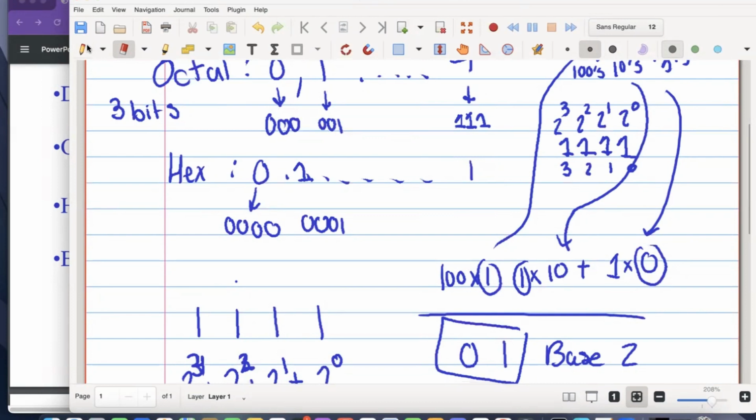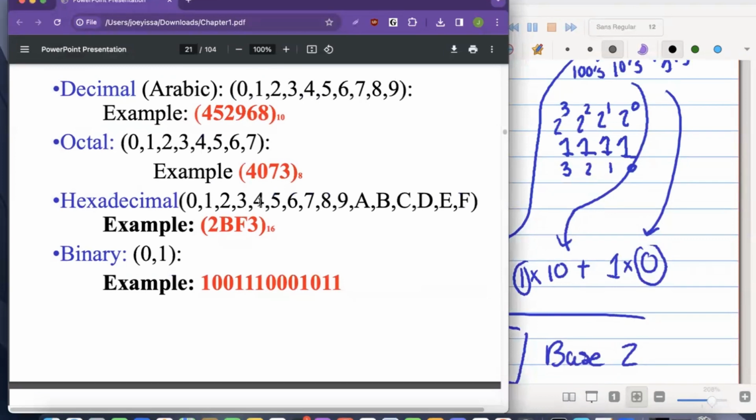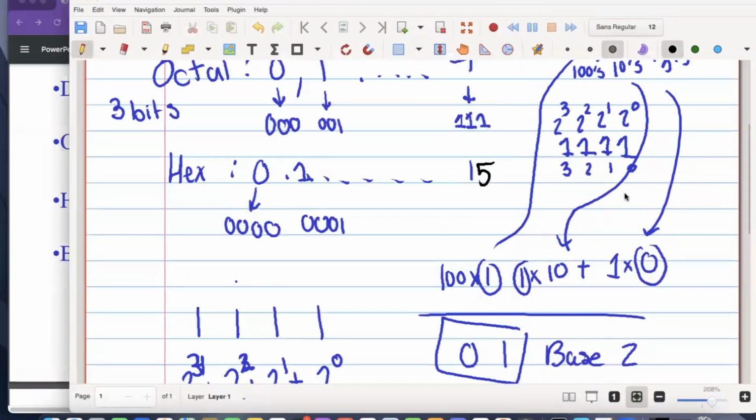I'm just going to check in case I got it right. Yeah, but this is the tricky part that I forgot to mention. We have everything from 0 to 15, but in hexadecimal we introduce letters into it.